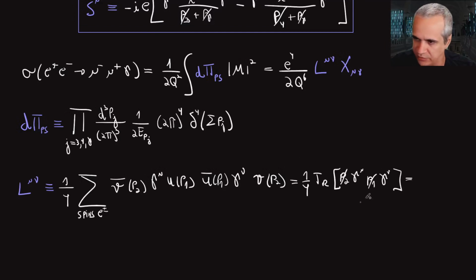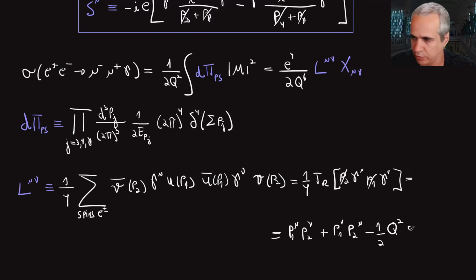Just take this trace and use a little bit of the properties of the momenta to write: this is just P1 mu P2 nu plus P1 nu P2 mu minus half of Q squared g mu nu. So that's L mu nu.